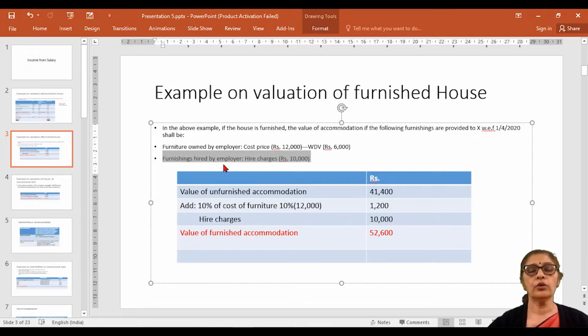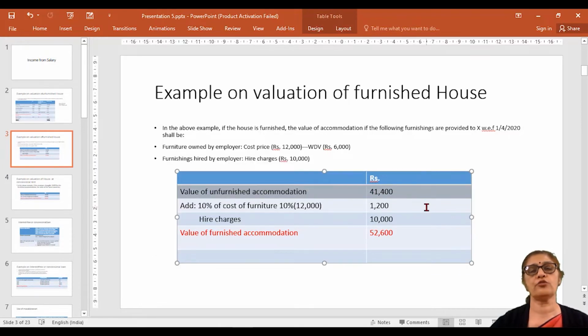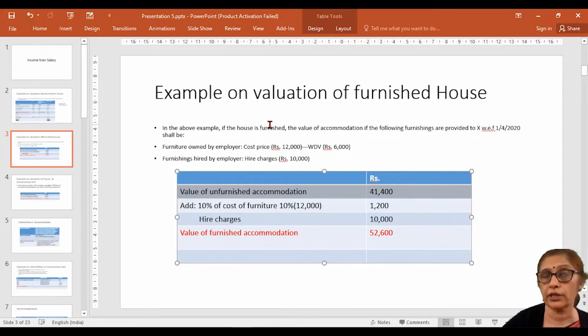So what do we do? To unfurnished accommodation, 41,400, we need to add the value of furnishings, which if owned, the rule says 10% of the cost. Given that the cost is 12,000, we'll take 10% of 12,000 irrespective of the written down value. We ignore the written down value.